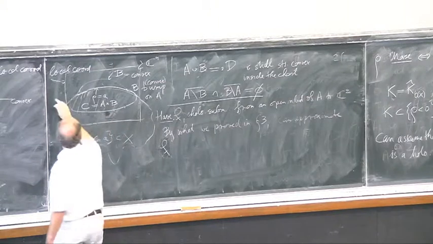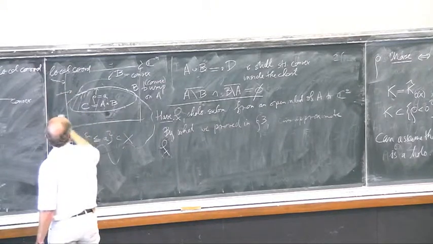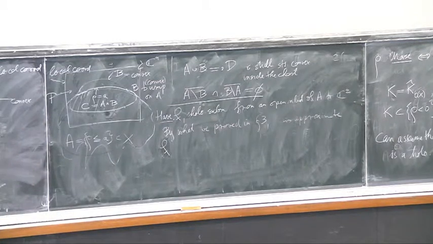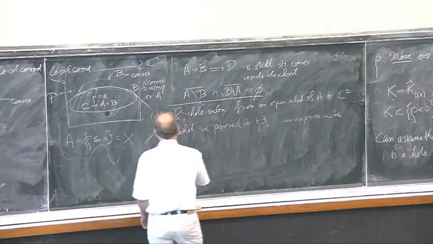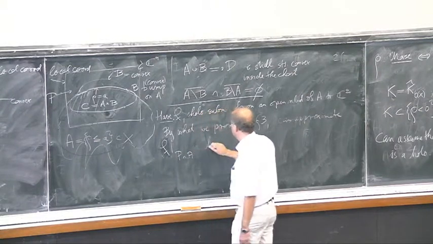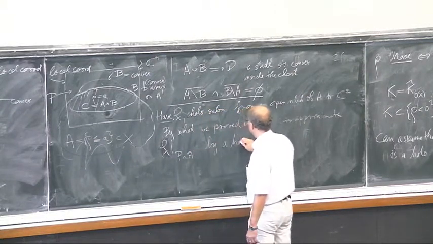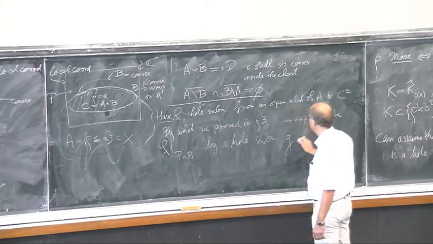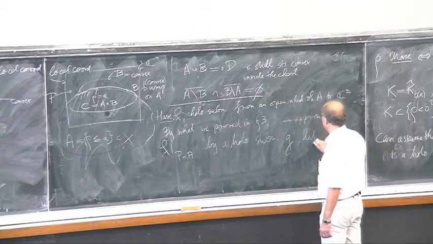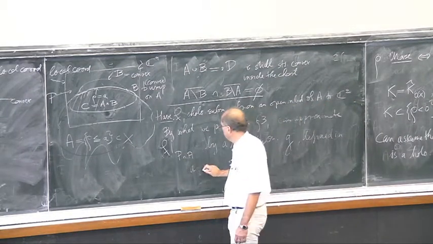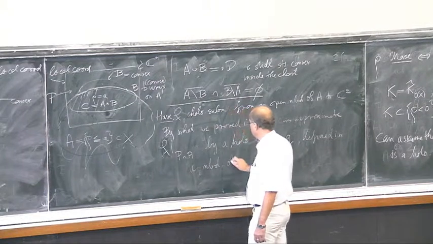Let's call this box P. It's a rectangle. So we can approximate F restricted to P intersection A by a holomorphic submersion, let's call it G, defined in a neighborhood of the set B.